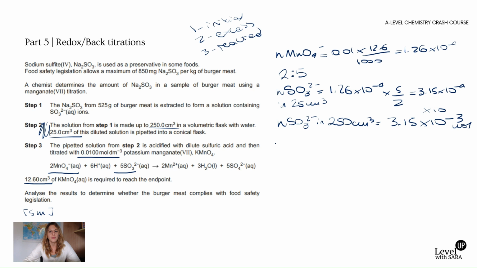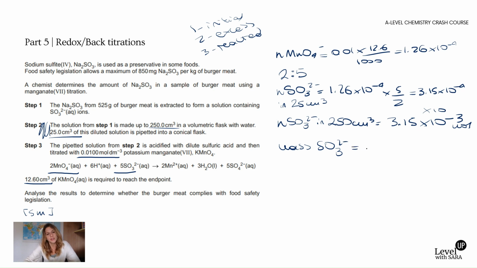And at the beginning we have 525 grams. We need to find the percentage of that. So having found that, we go back to the beginning and we can already find the mass. So let's do the mass that corresponds to this SO3, the actual mass calculated from the titration.